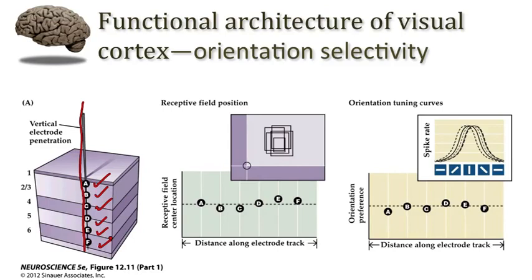That is, if we plotted their spatial receptive fields, we find that all of these spatial receptive fields more or less overlap across the depth of this recording.